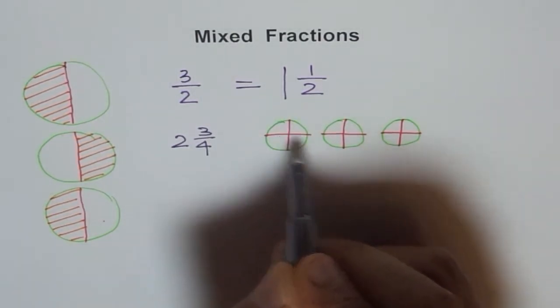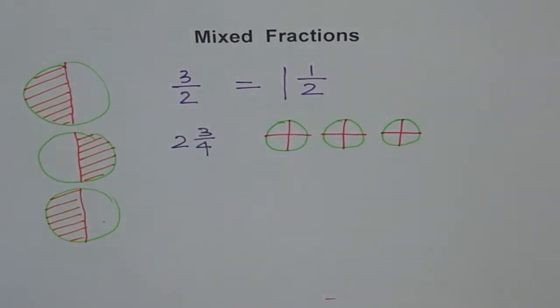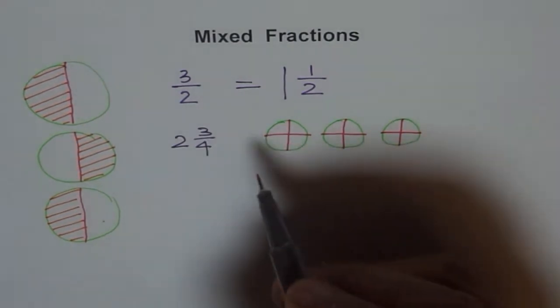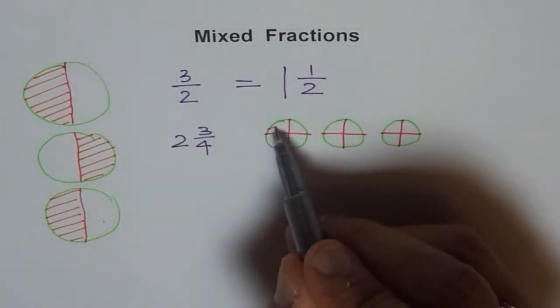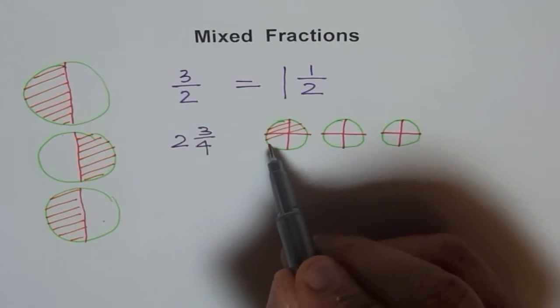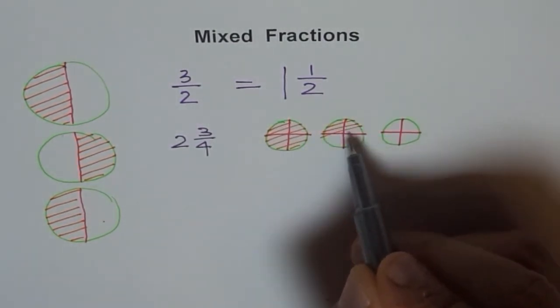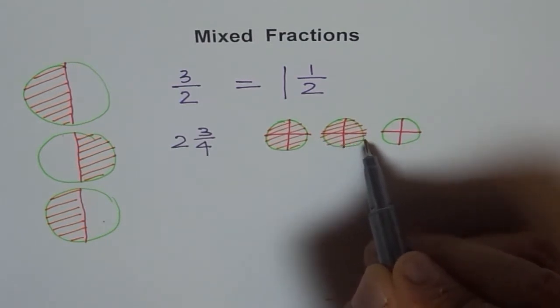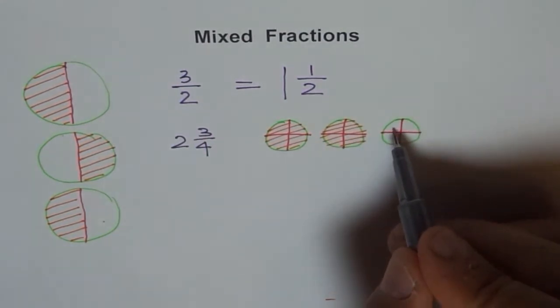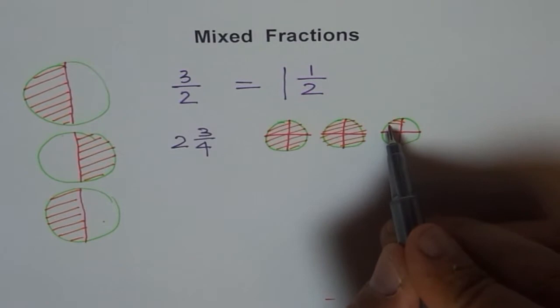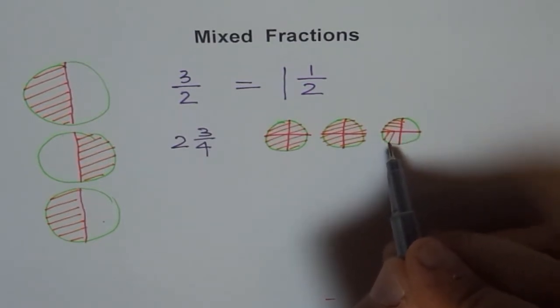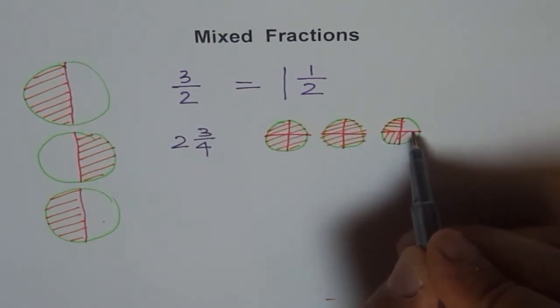So let's say these are our 3 pizzas, and we take 2 wholes, that means full, right? 1 full, 2 full. So we are taking 2 full and 3/4. So this is 1/4, this is 2/4, and this is my 3/4.